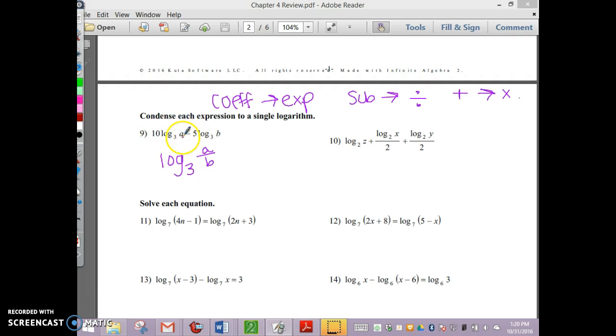Since a has a coefficient of 10, we have a power of 10. Since b has a coefficient of 5, we have a power of 5. Remember this 1/2. This is really log base 2 of x to the 1/2. And remember, our 1/2 power is a square root.